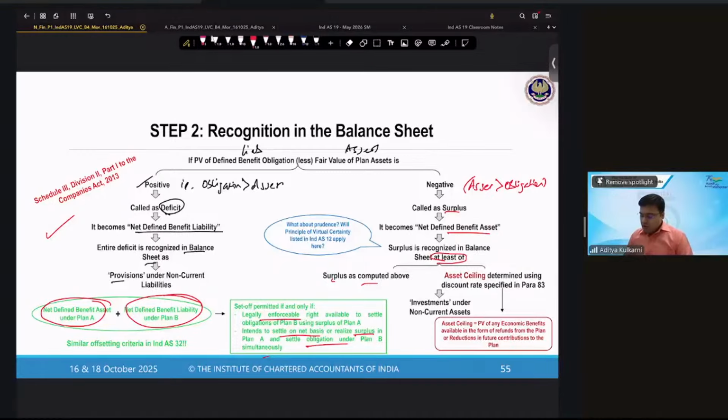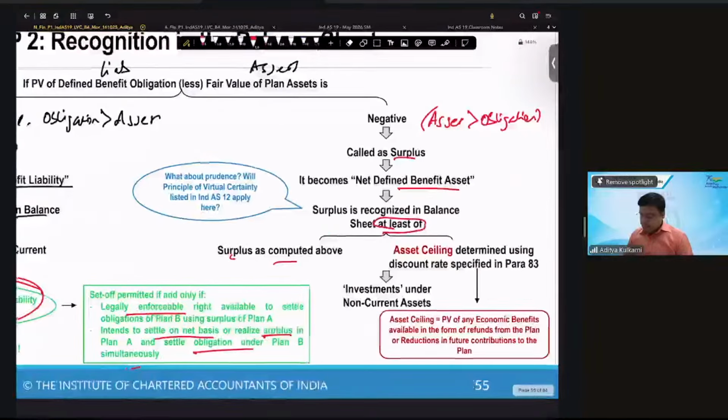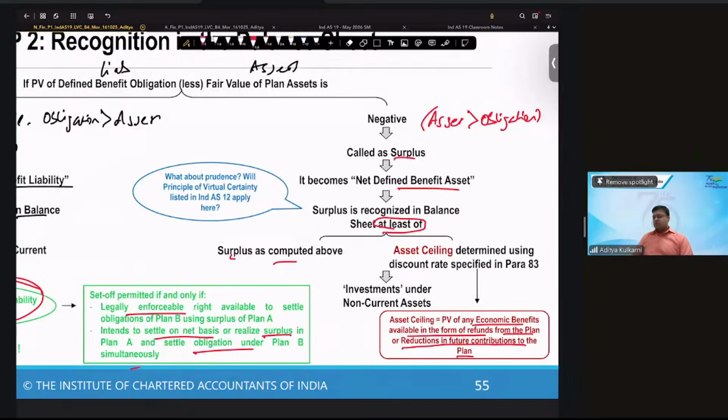Okay. What do you mean by asset ceiling? It is the present value of any economic benefits available in the form of refunds from the plan or reductions in future contributions to the plan. उसको हम लोग बोलते हैं asset ceiling.